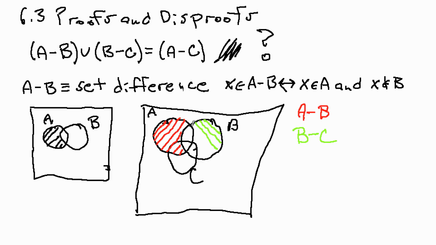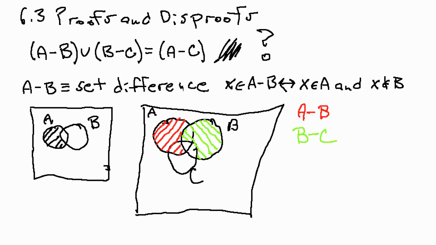So remember, this is everything that's in B that isn't in C. Right over there. So this does not include this little piece over here. So if I were to talk about A minus B union B minus C, it's everything in here that has color in it.